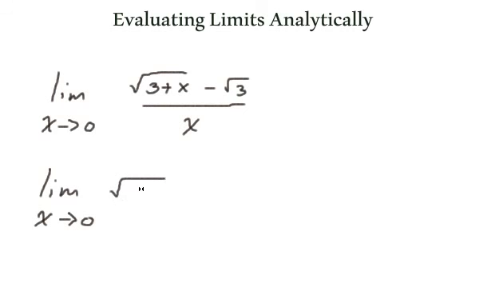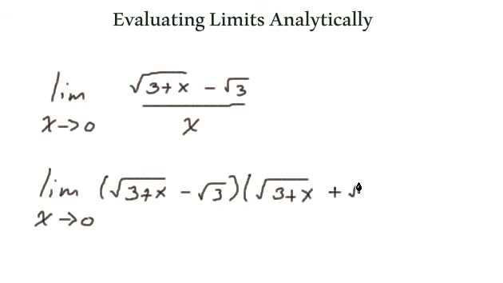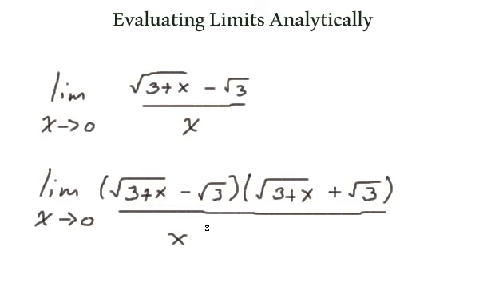So I'm going to write the square root of 3 plus x minus the square root of 3, put that in parentheses, and its conjugate is the square root of 3 plus x plus the square root of 3, and it's all over x times the square root of 3 plus x plus the square root of 3.